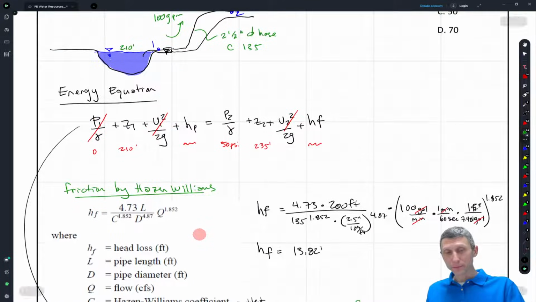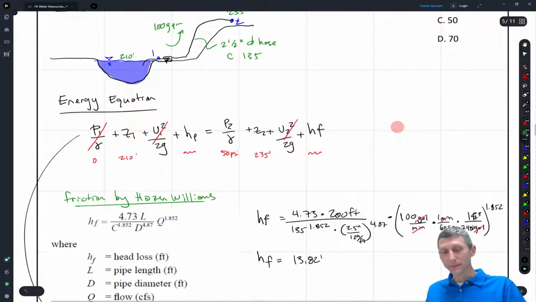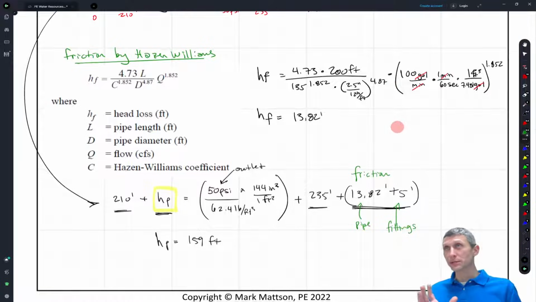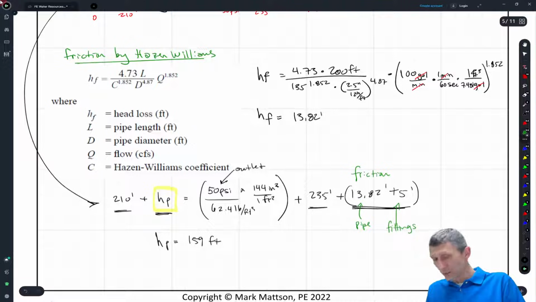But the problem actually asks for PSI, the pump pressure in PSI, and that's where we need to know how to convert back to PSI. And we kind of did that once already, right? To convert from PSI to head, we had to multiply by 144 and divide by 62.4. So to go the other way, we're just going to reverse that process. So we're going to multiply times 62.4 pounds per cubic foot, divide by 144 inches squared per foot squared.